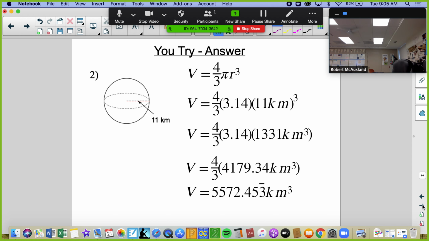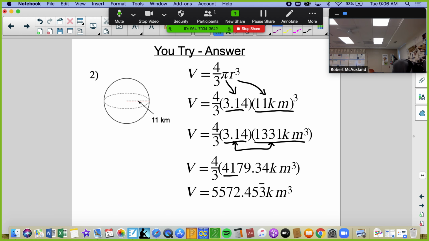So the answer, what we do is we're going to plug in 3.14 for pi. The radius is 11 kilometers. So the first thing we're going to do is cube 11 kilometers, which gives us 1,331 kilometers cubed. Then we're going to multiply it by 3.14.